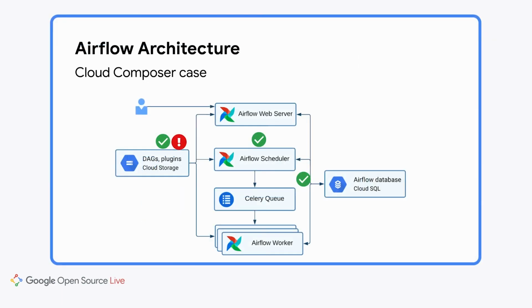DAG processor separation also partially solves the problem with a single DAG location, as we are able to run multiple DAG processors pointing to different directories. However, DAGs from the same directory will still be parsed without any isolation on the same host. Moreover, tasks are still executed by the shared set of workers, so there is still some work needed here.